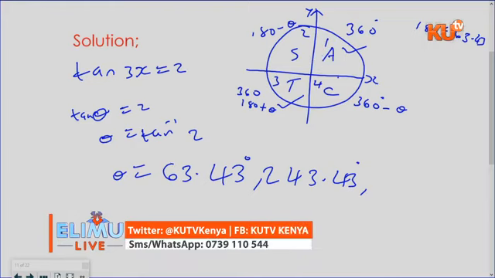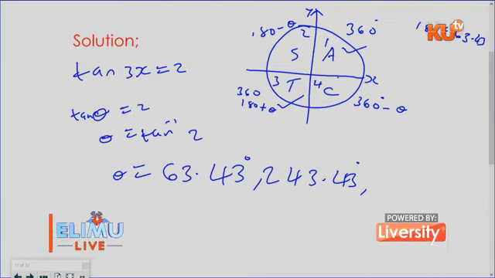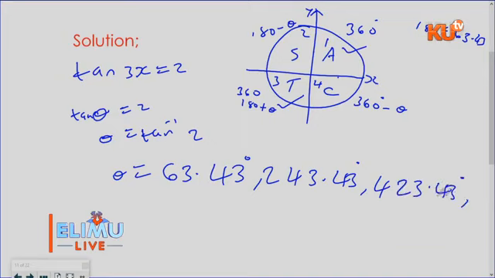I hope you know where this 360 is coming from, because now this is the second lap, not the first lap. So you'll have 360 plus our theta, which is 63.43. That will give us, what are you getting, learner? You'll get 423.43 degrees.